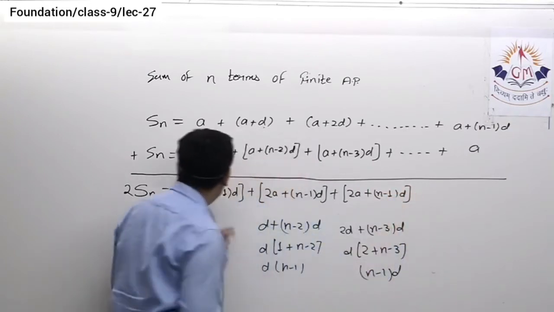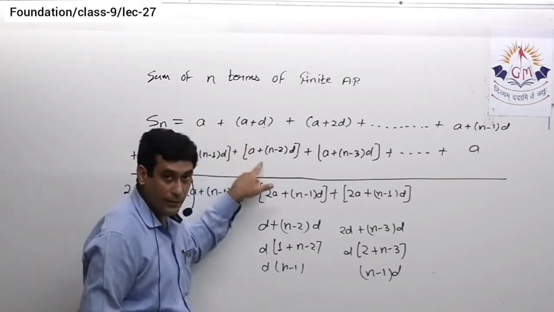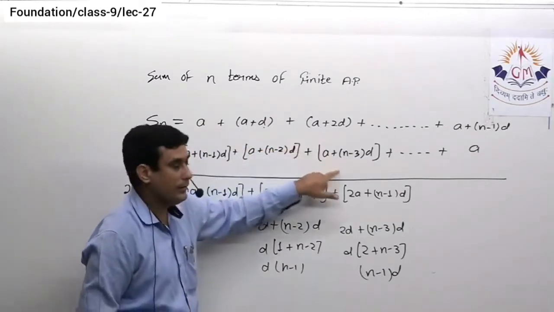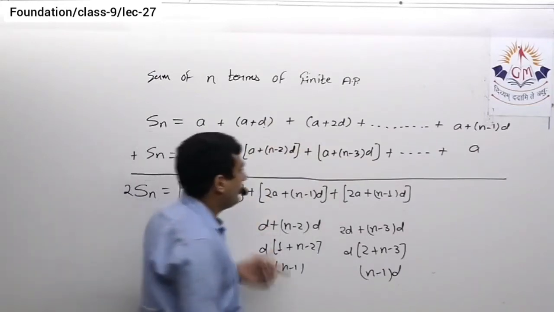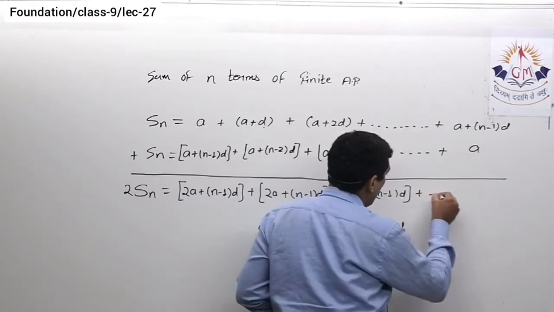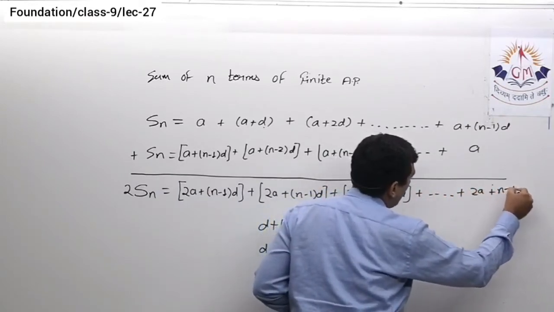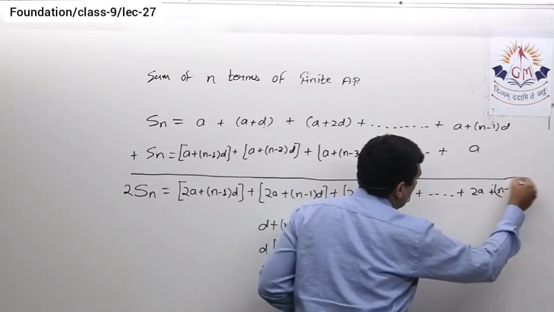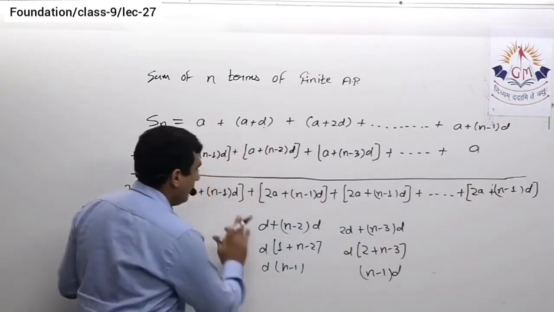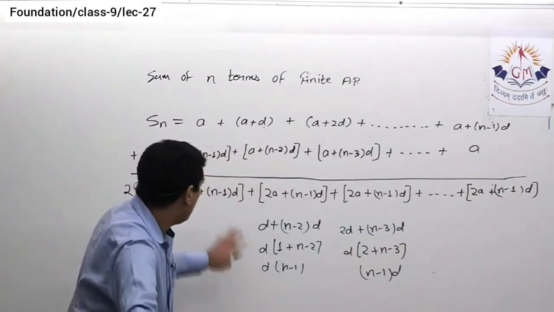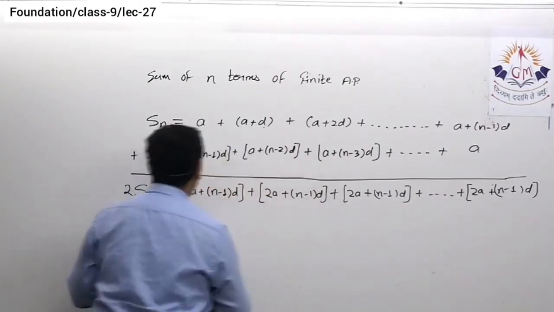So you can observe that if I add the first term and the last term, second term and the second last term, third term and the third last term, in order, every time I am getting 2A plus n minus 1 into D. Here how many terms are there? n terms. So I will get this 2A plus n minus 1 into D, n times.